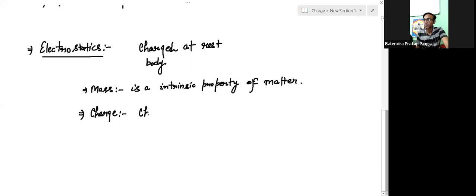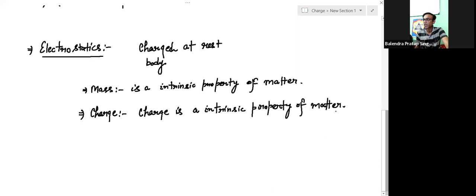Charge is an intrinsic property of matter.